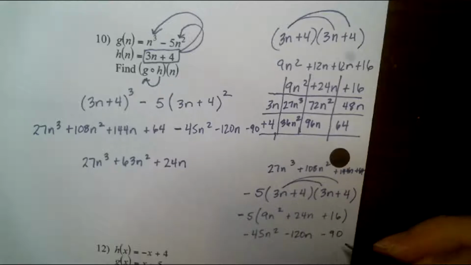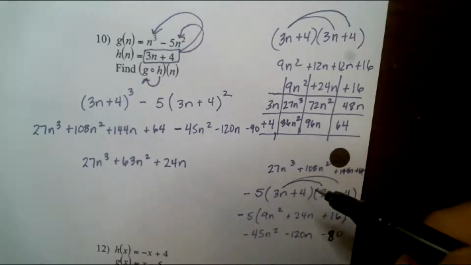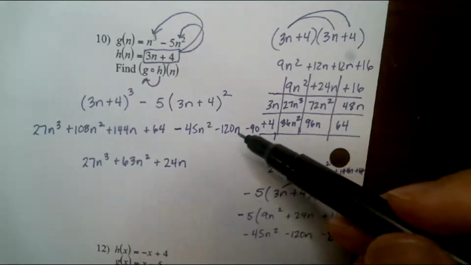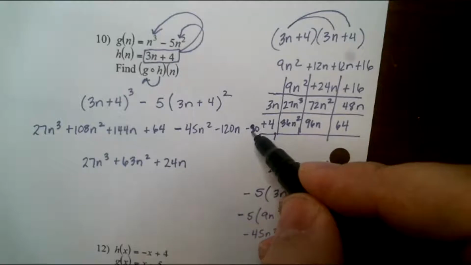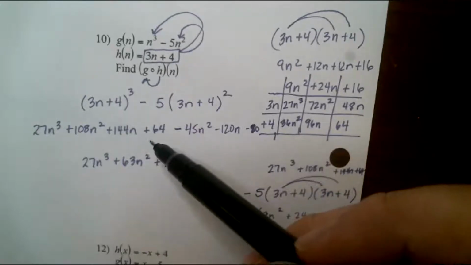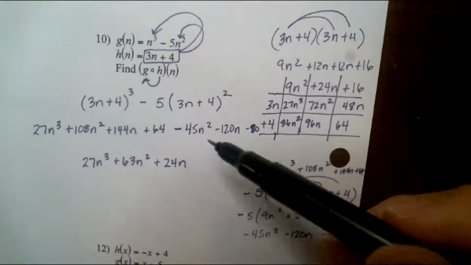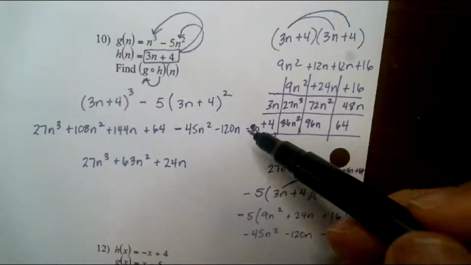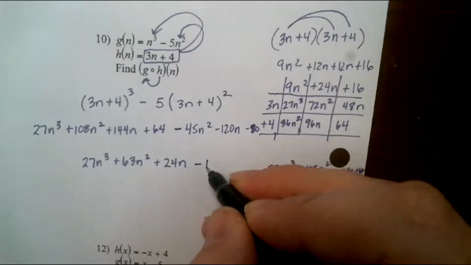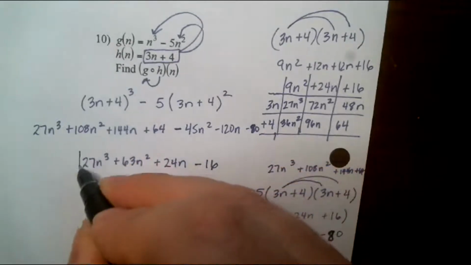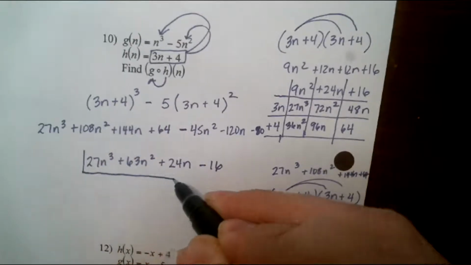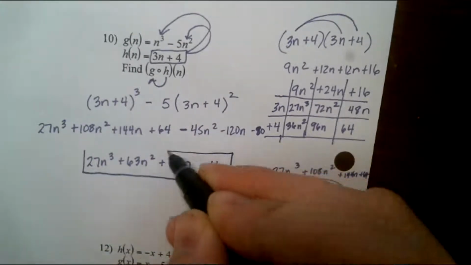Oh, yeah, that would be 80. Sorry, my bad. Good catch. And then 64 minus 80 would be minus 16. I'm assuming that's correct.